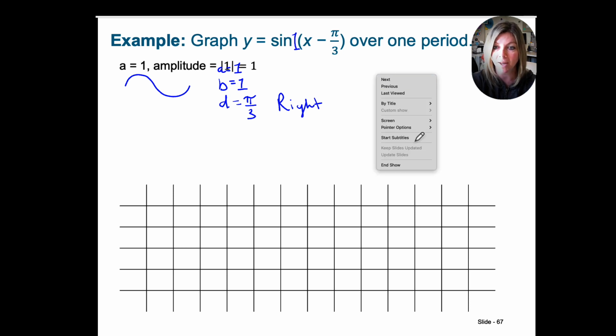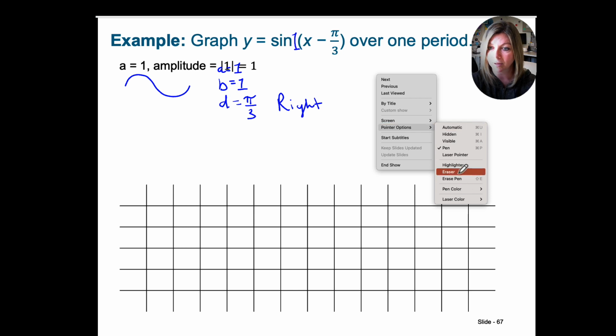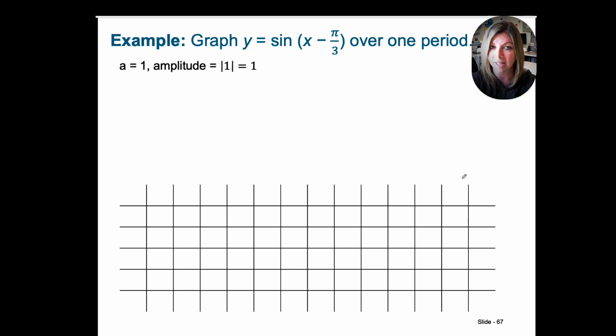All right, let's see what that looks like a little more formally. I'm going to erase my pen so we can see it here. Okay, going through the alphabet, we have a equals 1, leaving our amplitude the same as the parent function. B equals 1, leaving our period the same as the parent function, which is 2 pi.